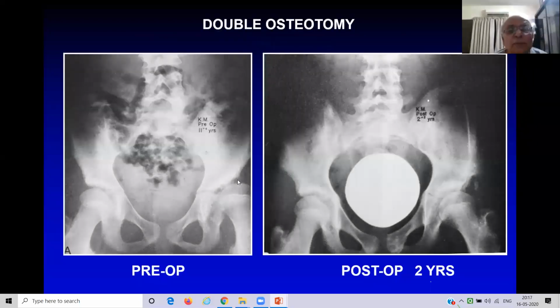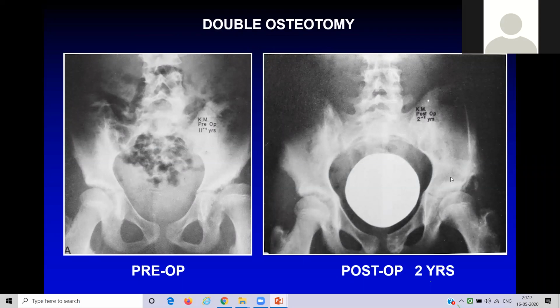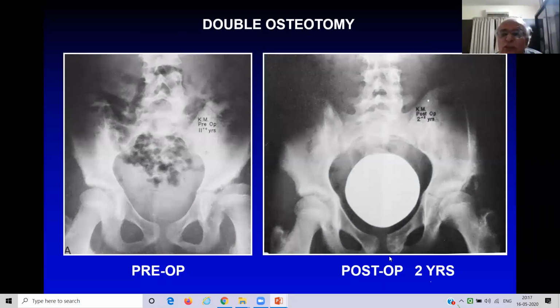Look at this, hip is subluxating out. And now after 2 years of this, can you see here the osteotomy at the symphysis level, and the Salter is completely healed. This is Salter, and this is osteotomy of the pubis. So that is double osteotomy.